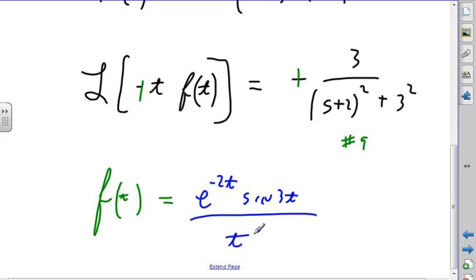And that was problem number 26. And 26, e to the minus 2t sine 3t over t.